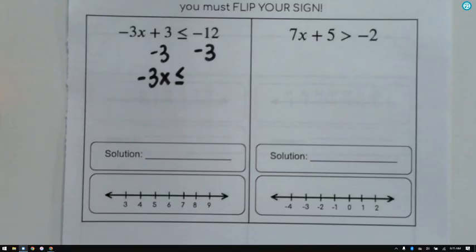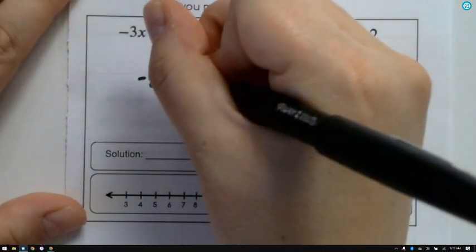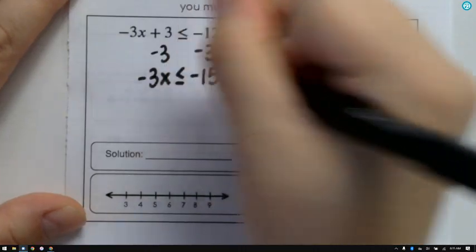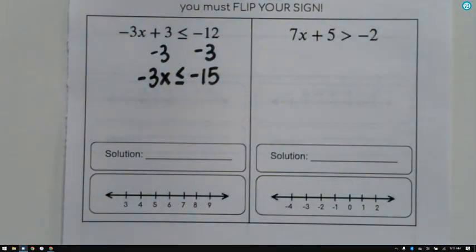And then negative 12 minus 3 is negative 15.